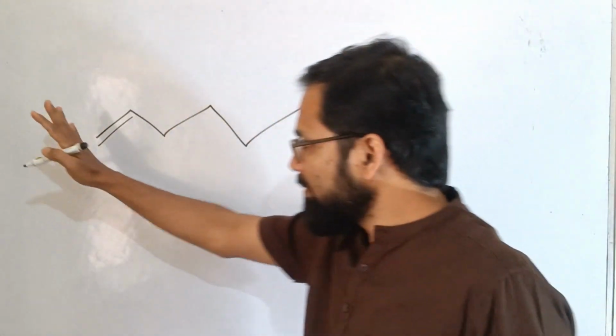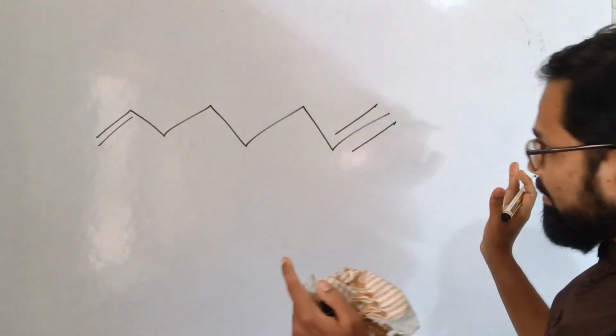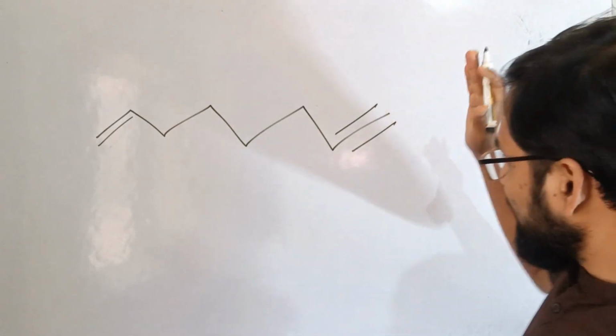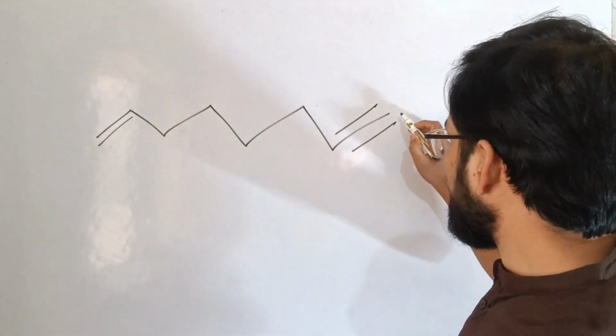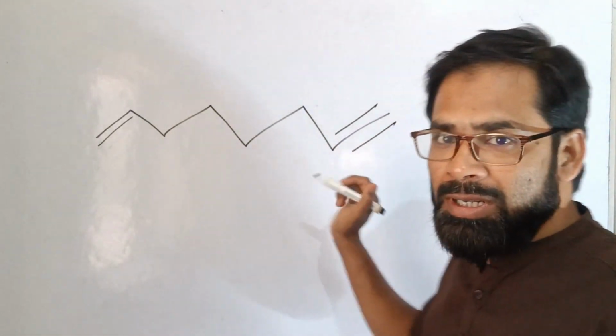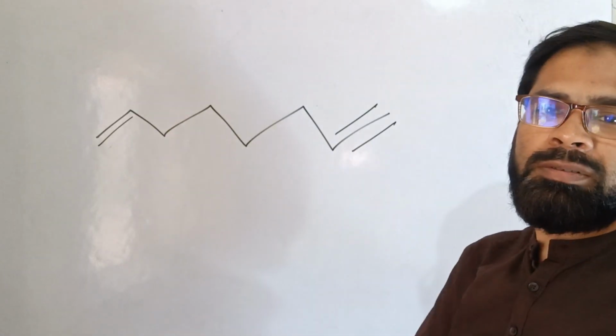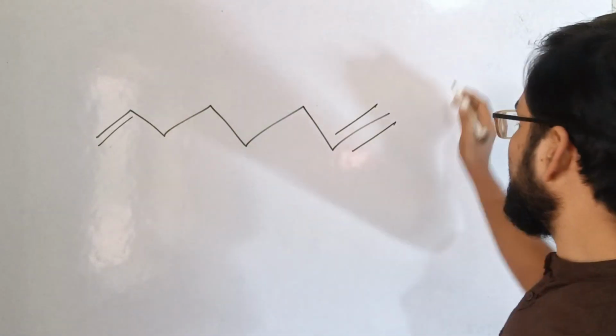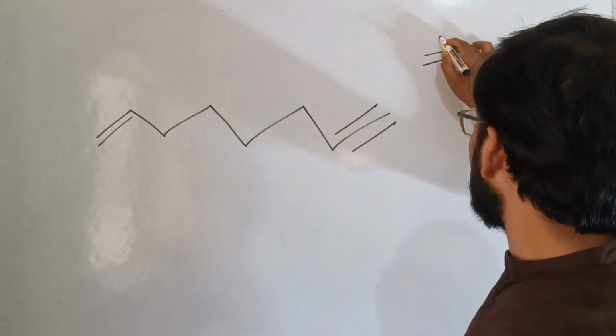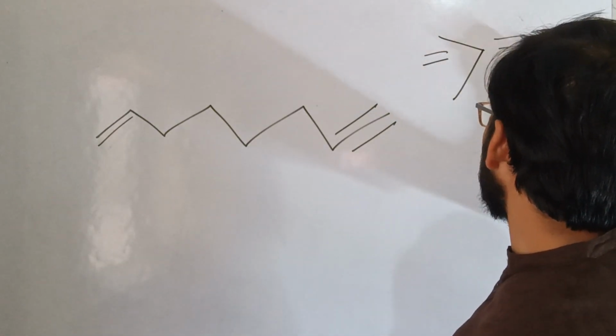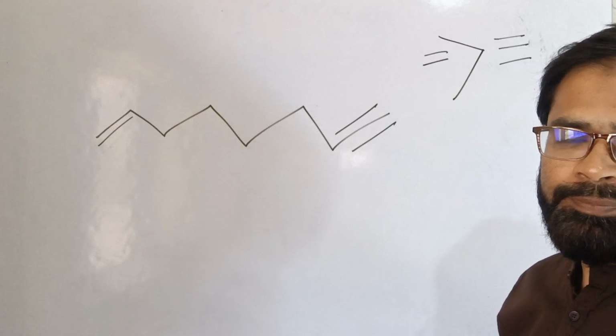If we start from the left side, the first carbon has the double bond. So when both are the same, whether we start from left or right, the first carbon has either double bond or triple bond, which one will be the priority? Definitely the double bond will have greater priority as compared to the triple bond.